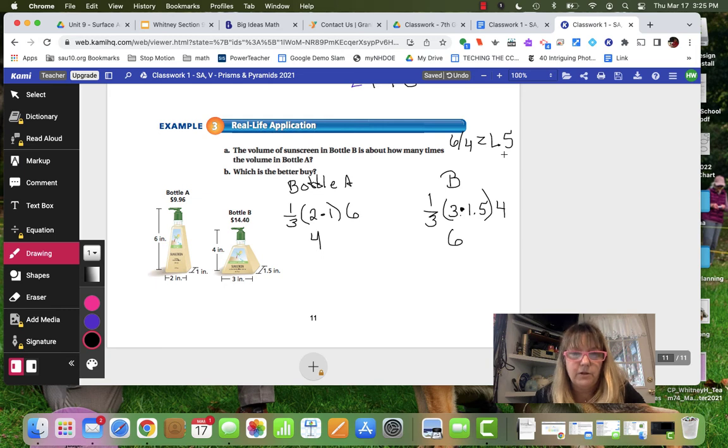So it asks which is the better buy. And we can kind of infer that it's probably B, but we're in math class, so we need to prove it. So we're going to use unit rate. So we're going to take the cost of bottle A, which is $9.96, and we're going to divide it by 4 cubic inches. Right, this is inches cubed. So when we divide this, we end up with $2.49 per cubic inch.